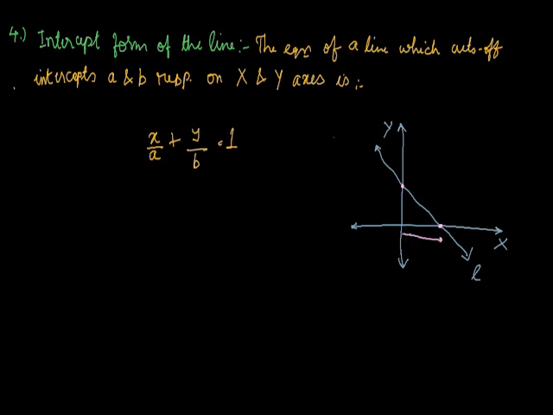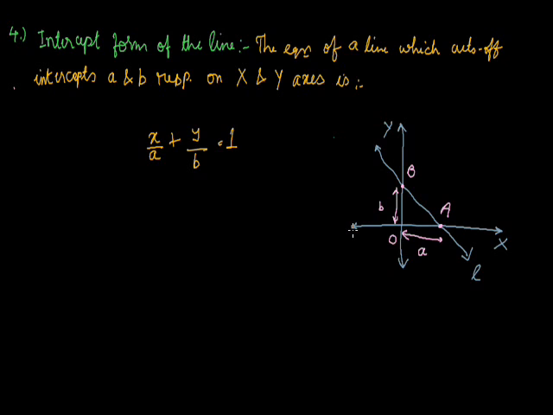So when I say x-intercept is A, that means this distance from the origin to point A, where A is the point of intersection of the line with x-axis, is small a. And let's say point B is the point of intersection of the line with my y-axis. Then this length becomes small b.